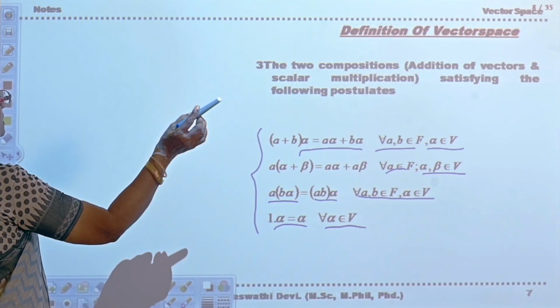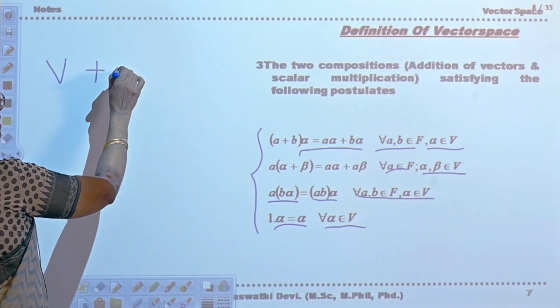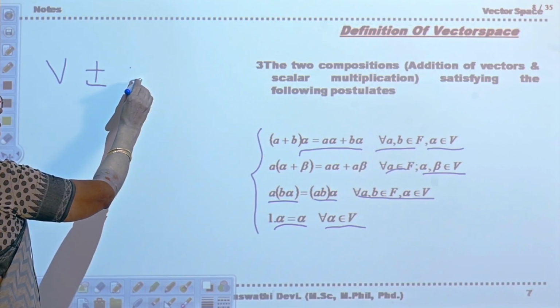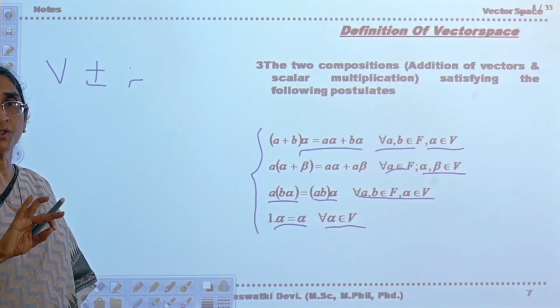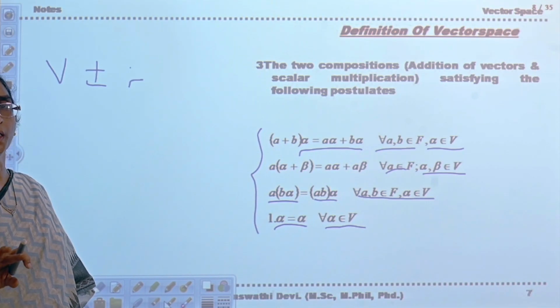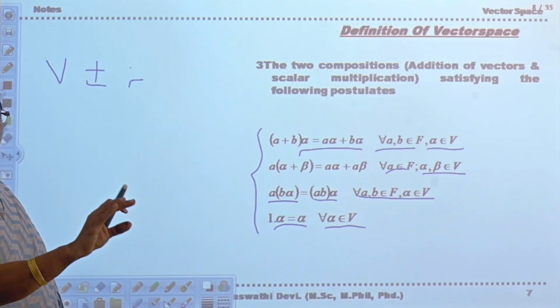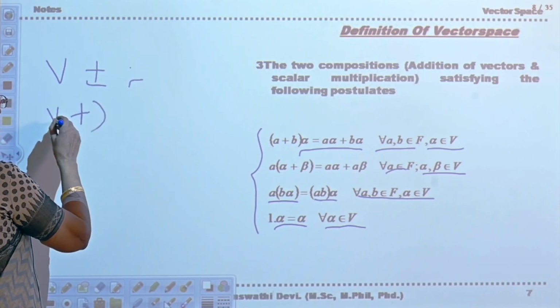If you want to say that V is a vector space, V should be equipped with two operators, plus and dot. One is called vector addition, the other one, dot, is called scalar multiplication, or internal composition and external composition. V should be equipped with two operators, namely internal composition and external composition. With respect to internal composition, V plus should be abelian.